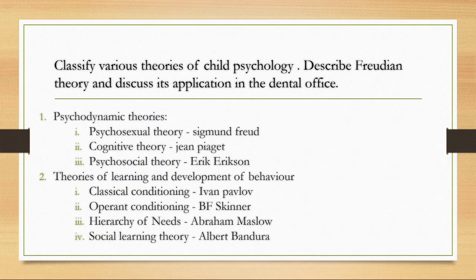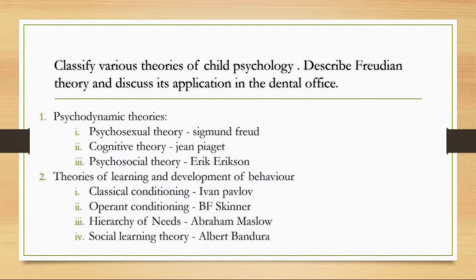That is again a question. Now we are into the theories of child psychology. We have basically two categories of theories. One is psychodynamic theories. Then we have theories of learning and development of behavior.